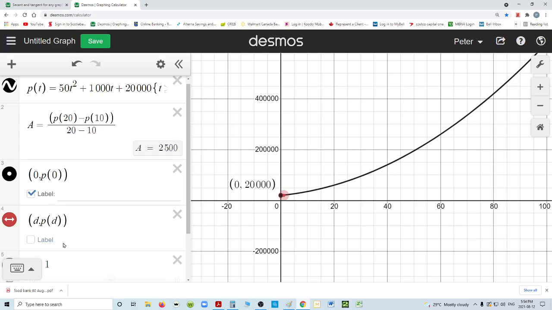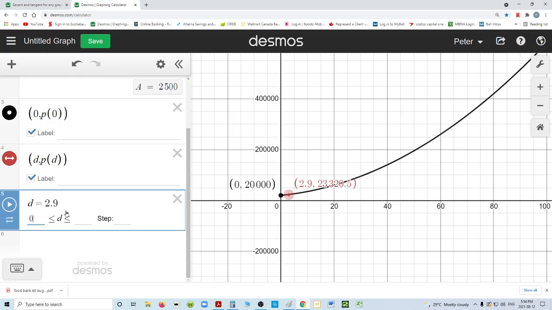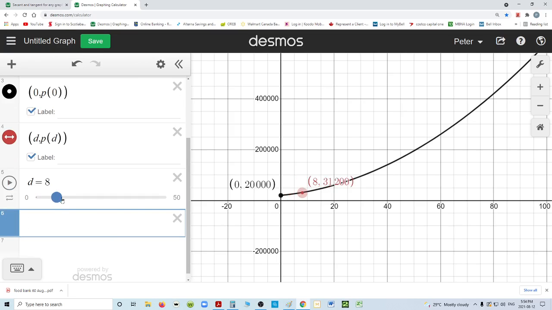And I'd add a slider and a label. Now I can put my slider, my new dot, anywhere I want, and I can just go from 0 to whatever year I want. Let's say 50, step of 1.